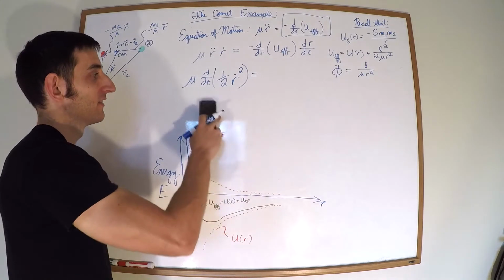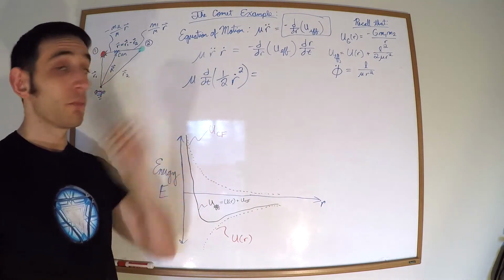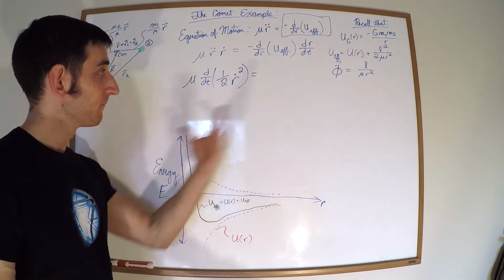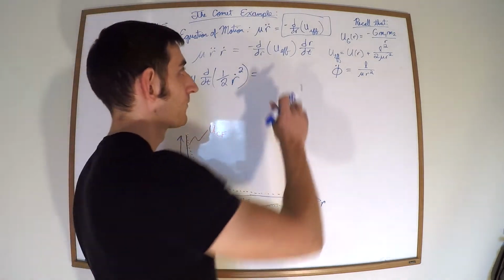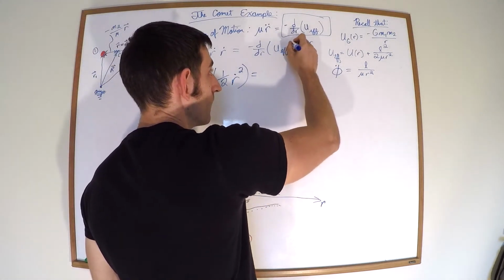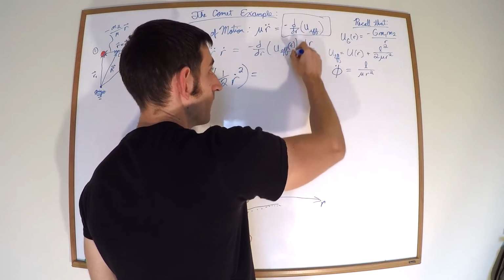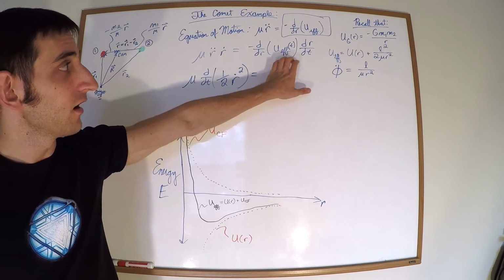Because what does this look like? 1/2 mv squared. We could pull that inside the parentheses, and it would divulge a lot of information for us. Now, I'm going to come back to the right side and put a t in here to emphasize that this is a function of time.